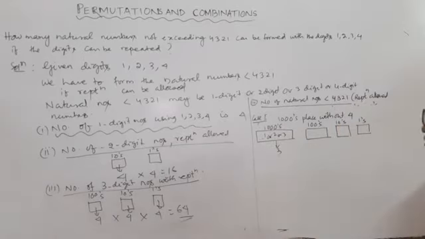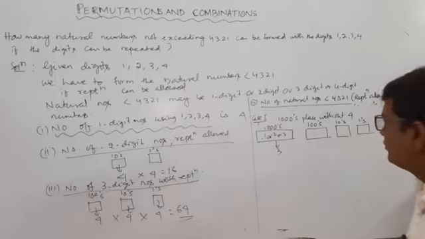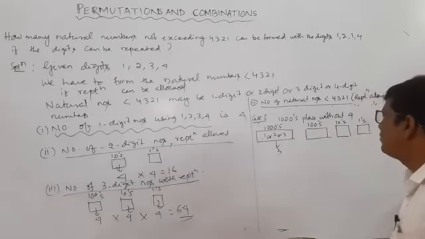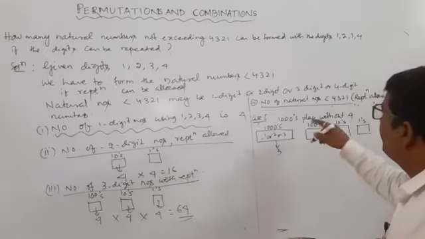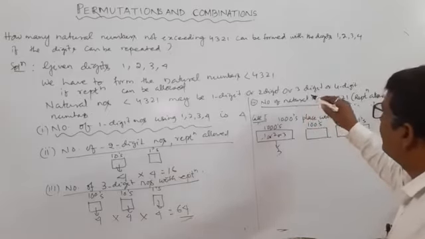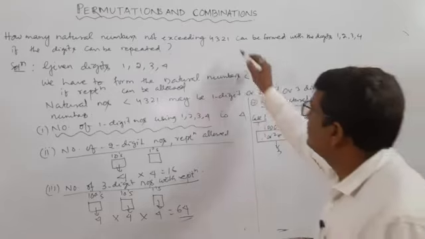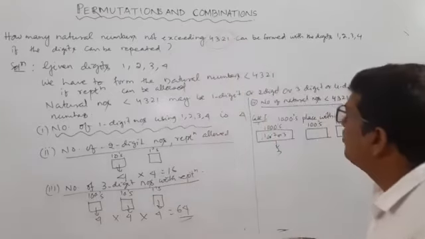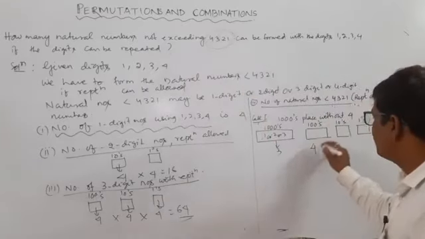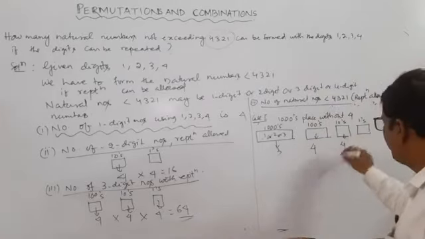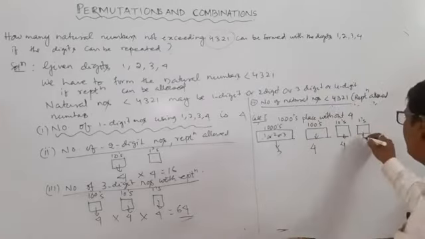Since repetition is allowed, out of these 4 digits, this can be filled in 4 ways, this also in 4 ways, and this also in 4 ways.